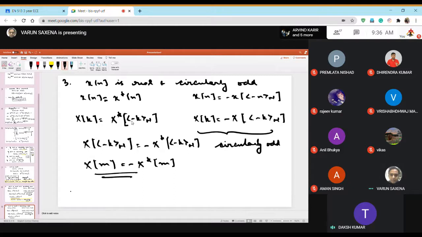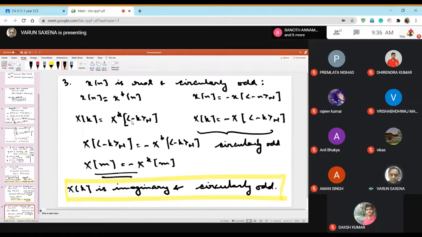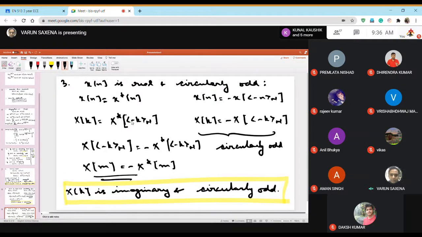This tells you it's imaginary, that capital XK is imaginary and circularly odd. That is the result. So if xn is real and circularly odd, then the DFT is imaginary and circularly odd. Let's go further and look at some other cases.